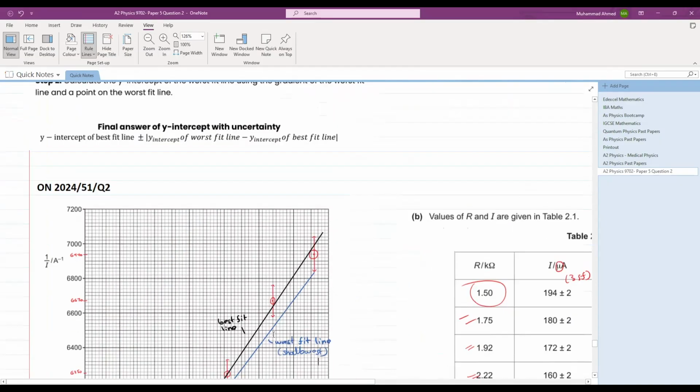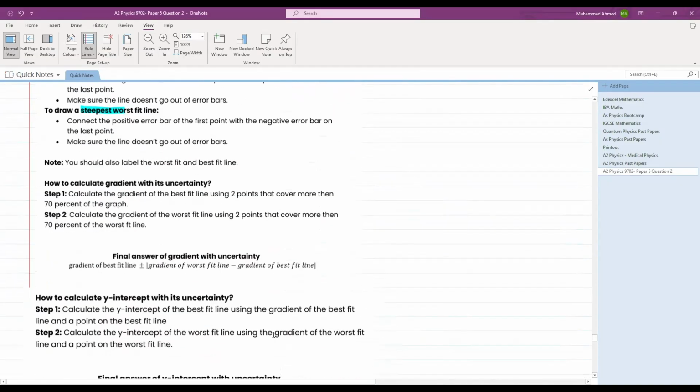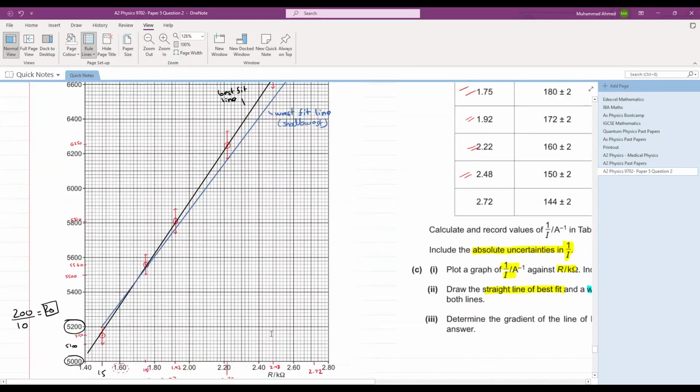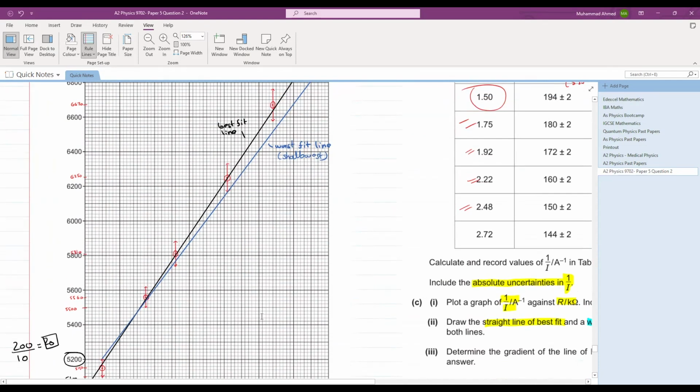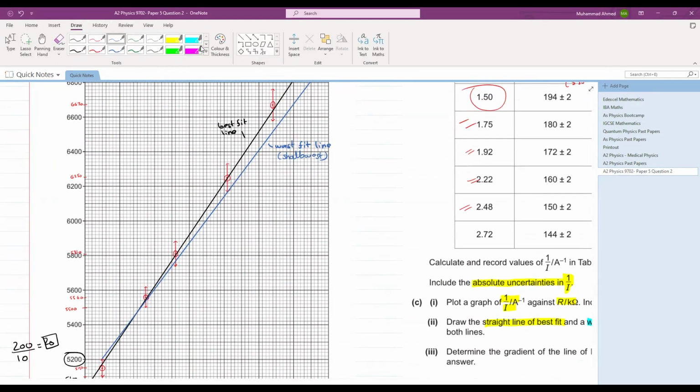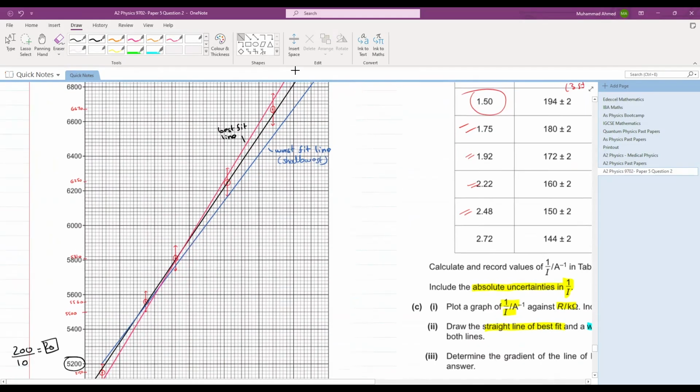How can you draw the steepest worst fit line? There is also another type of worst fit line, that is the steepest worst fit line. How can you draw that? You can also easily draw that by taking a contrasting color, let's say pink. Pink is visible.